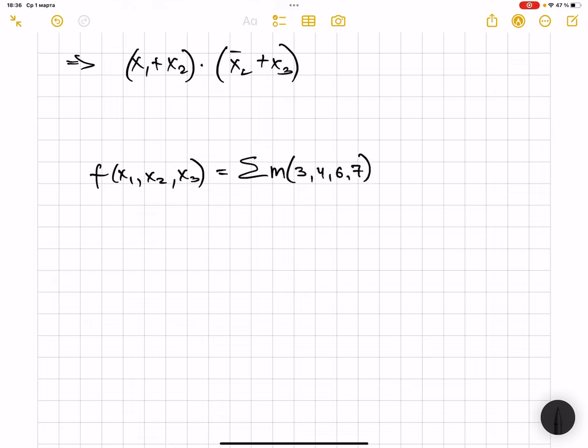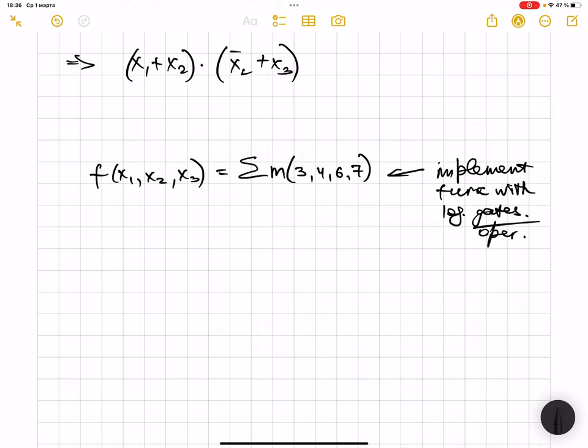Your objective is to design the simplest sum of products circuit. So you have to implement this function with logical gates, or logical operators.